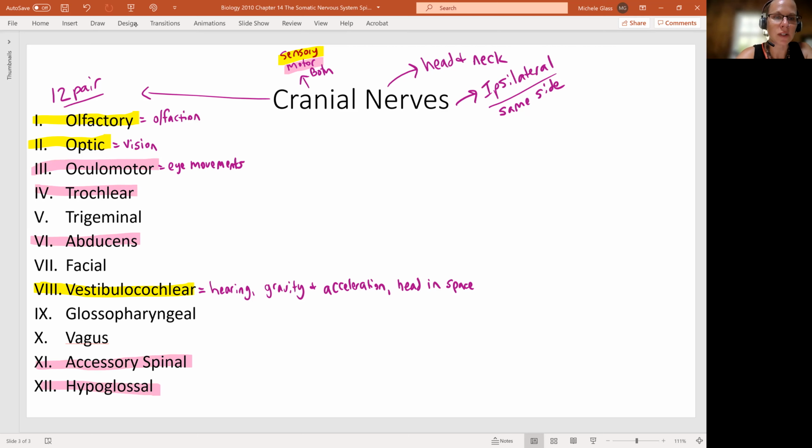Literally that translates to oculo, eye, motor, like motor control. We'll also see it lift the upper eyelid, and we'll see it involved in pupillary constriction.